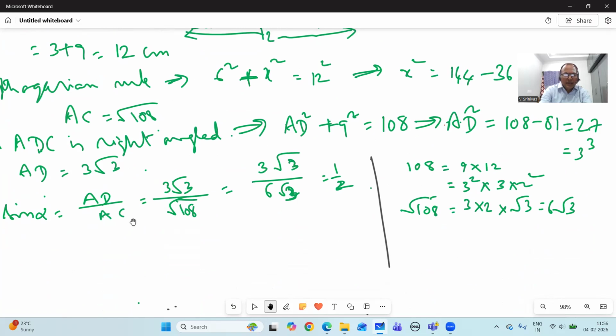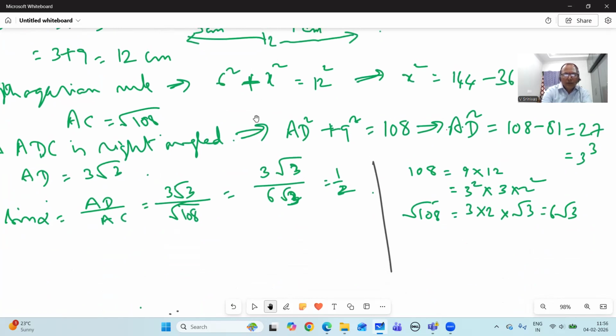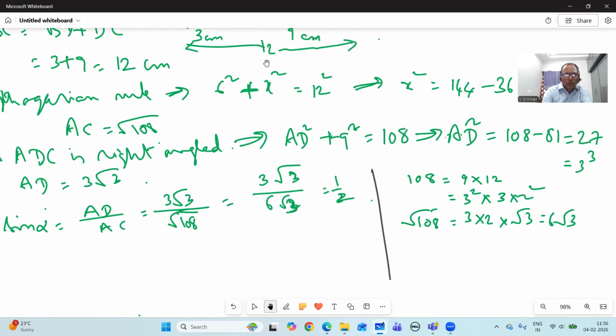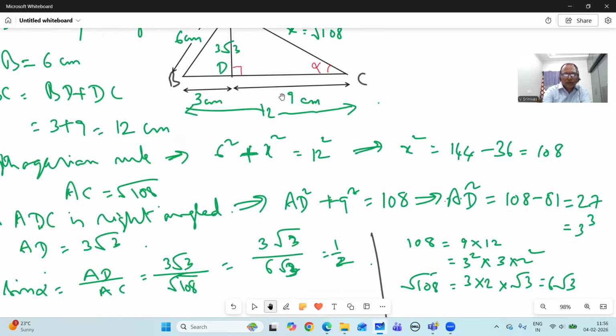Sin alpha is AD by AC. What is sin alpha? Sin alpha is the opposite side by the hypotenuse. The opposite side is AD and the hypotenuse is AC. So it is AD by AC. AD is obtained to be 3 root 3 from here. And AC is root 108.